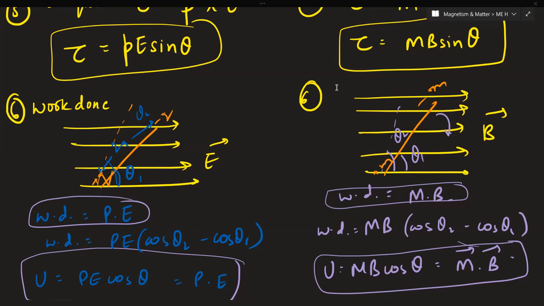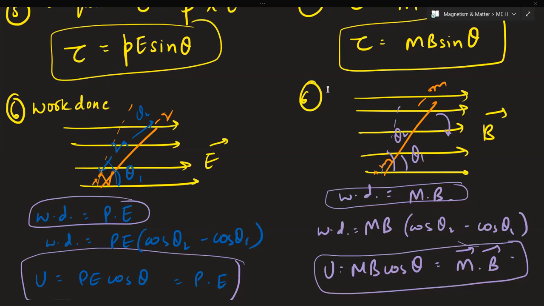I don't remember if Sahil you were there in those classes when we discussed this topic. If you wish, I'll share this video lecture on the group as well. What you can see over there is that questions do come in this form: find the work done to rotate a dipole from the anti-parallel position to the parallel position. So you can put the first angle as 180 and the other angle as 0 degrees.